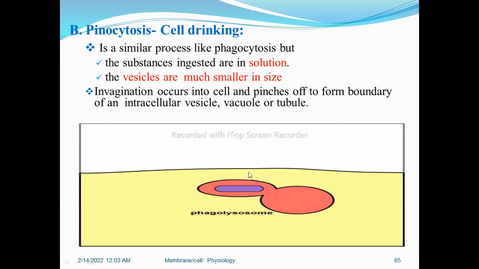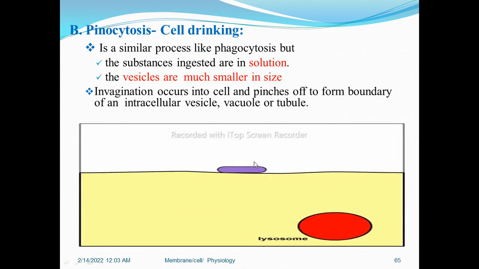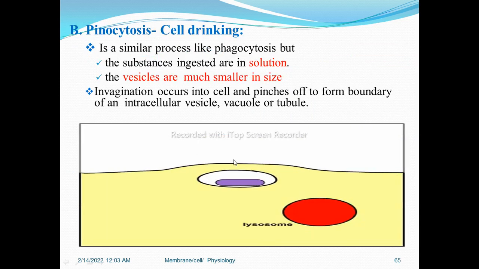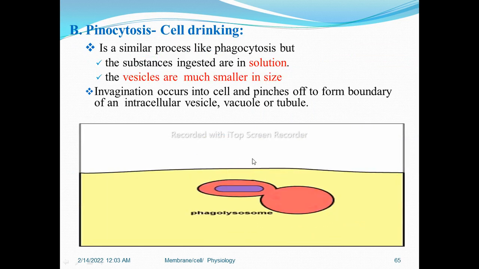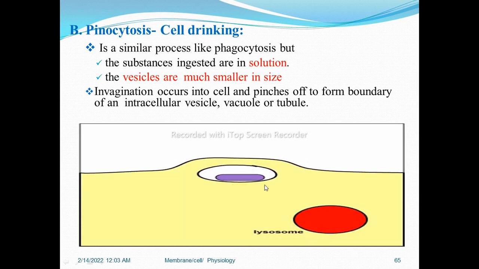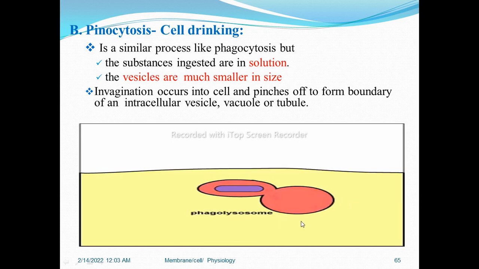As you see in the picture, here is the material. If it is in contact with the cell membrane, the cell membrane initiates invagination, and it changes into a phagocytic vacuole, then a phagocytic lysosome.